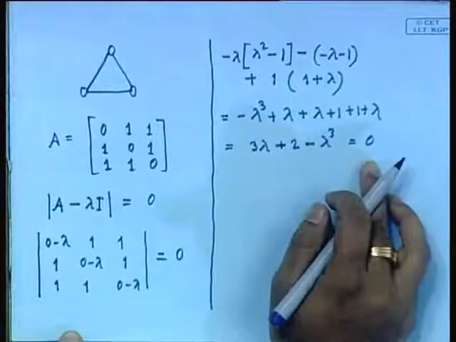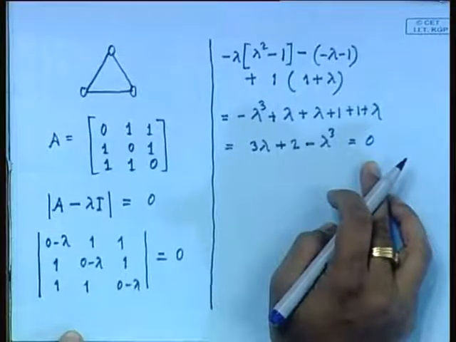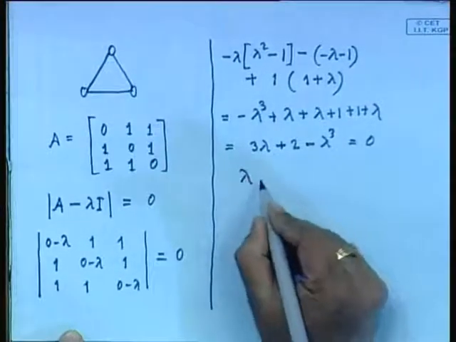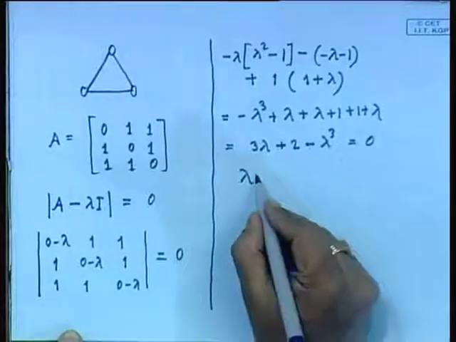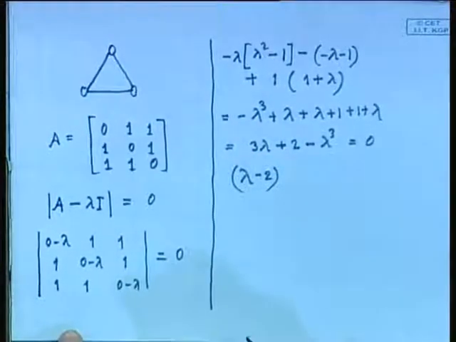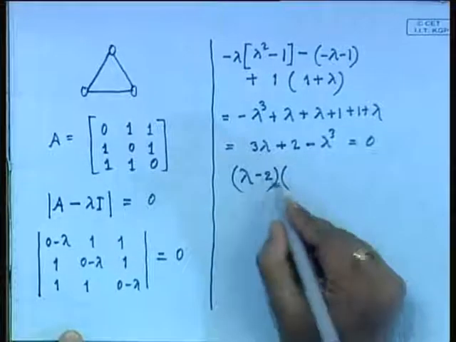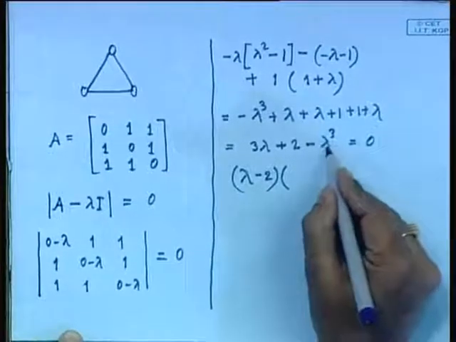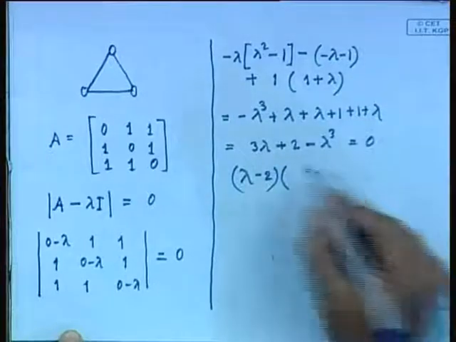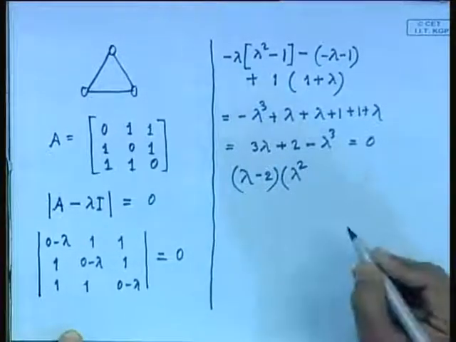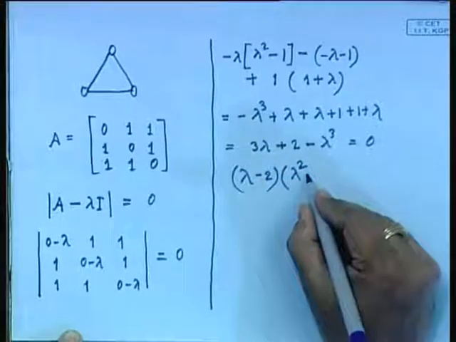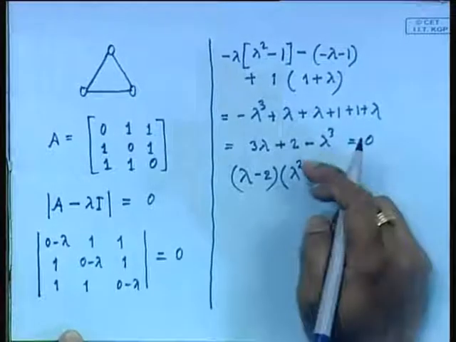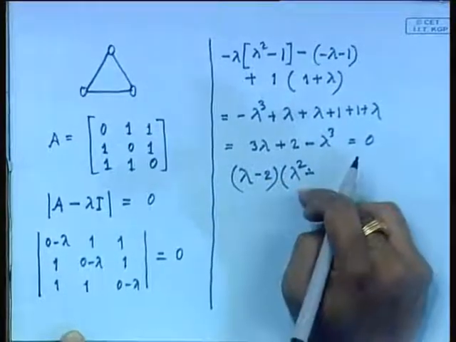Now you want to solve this equation. See what are the solutions of this equation. If you try to factorize it, actually let me tell you, one of the factors is lambda minus 2. We will see that. If one of the factors is lambda minus 2, you can just revert the signs. So, it will be like lambda cube minus 3 lambda minus 2 equal to 0. So, the other factor is lambda square, that gives minus 2 lambda square here.